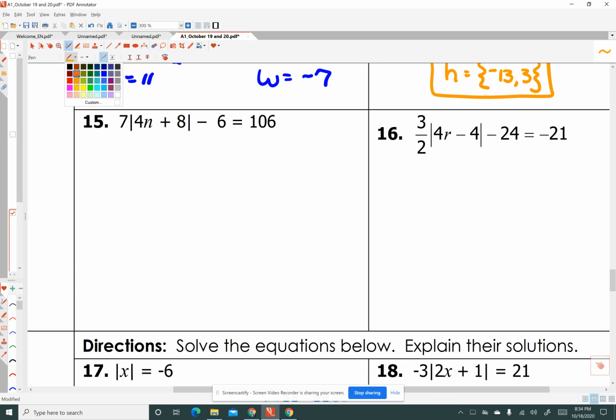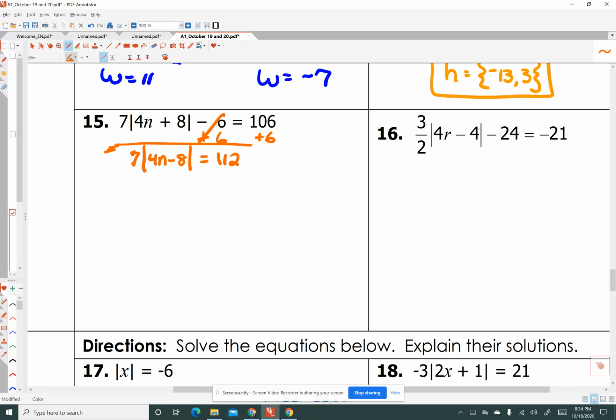Okay, so we have 7 times the absolute value of 4n plus 8 minus 6 equals 106. We do not distribute over absolute value bars, okay? So the first thing we'll do is add 6 to both sides. So 7 times the absolute value of 4n minus 8 equals 112.